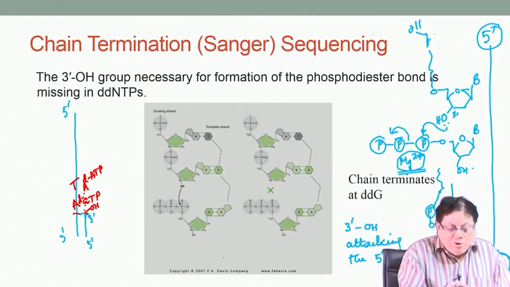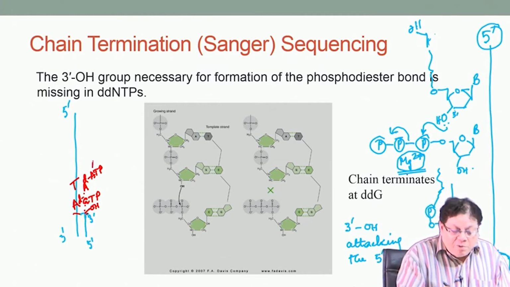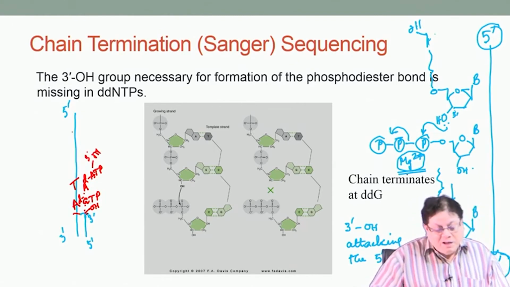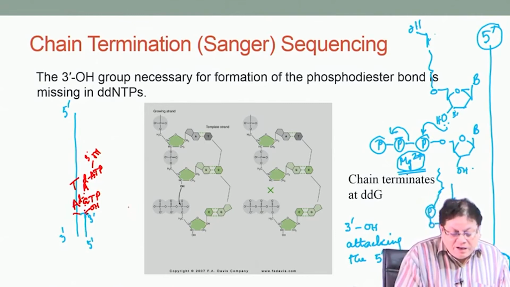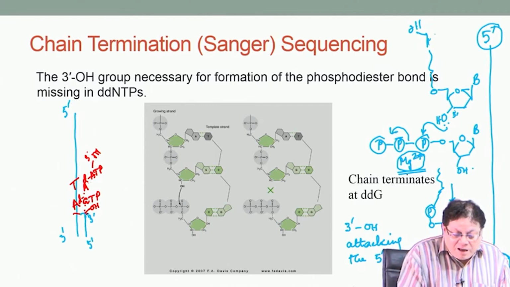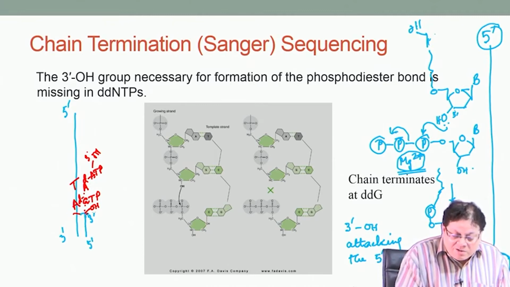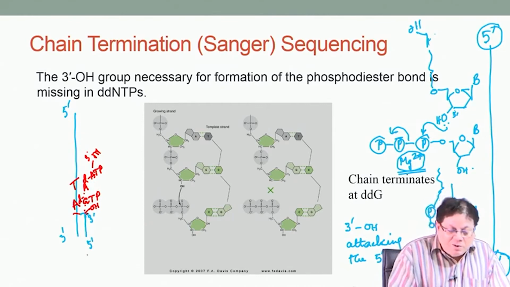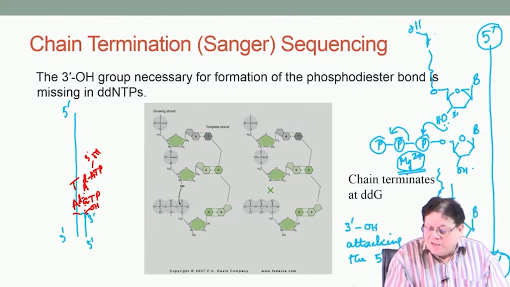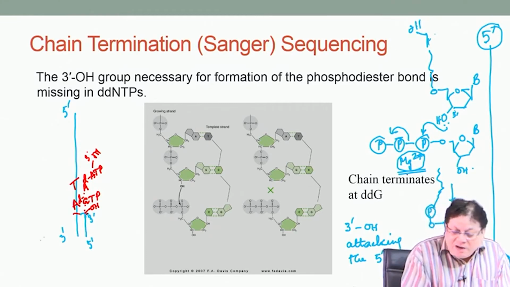So, that means it goes one after another, but the important thing is that it is always the 3 prime OH attacking the 5 prime triphosphate. Now, Sanger cleverly did one thing. He took all these deoxy triphosphates, that is all right, that will increase the chain, but along with that he had put the dideoxy.